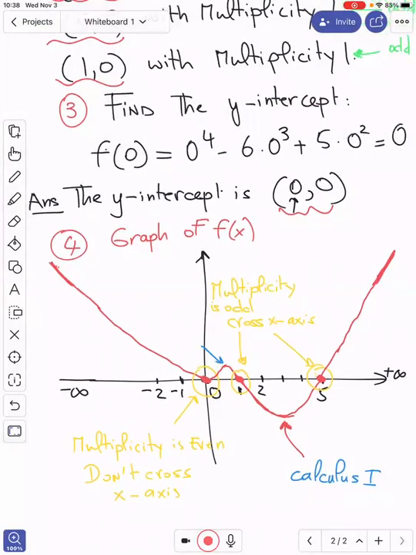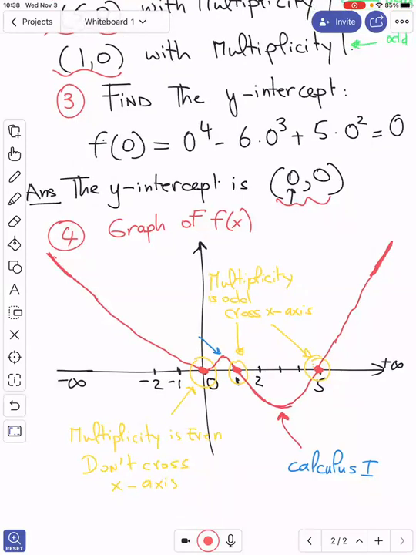So the next section, as I said, because we don't have much time, I'm going to do my best to cover everything, but I'm going to focus on the most important things. I'm going to jump to section 2.6, where we're going to graph rational functions.